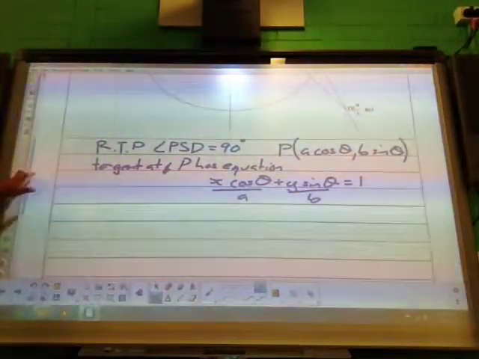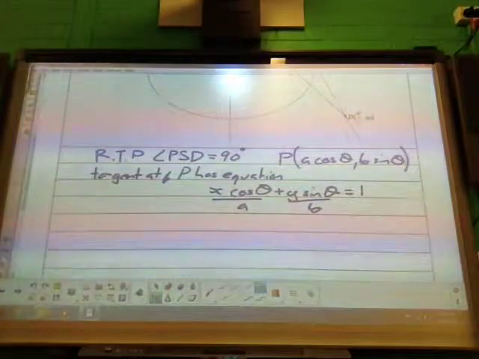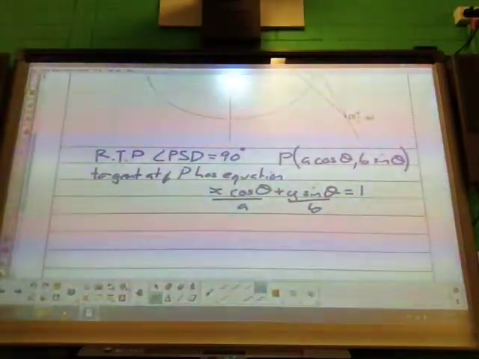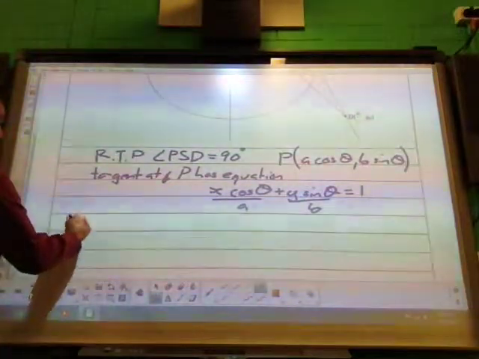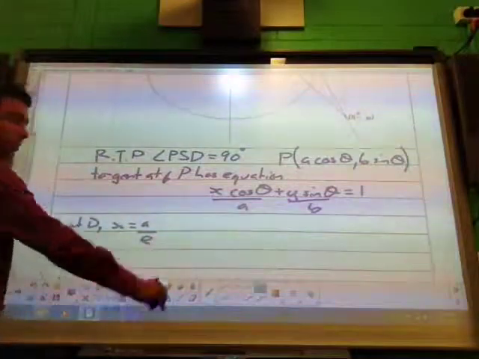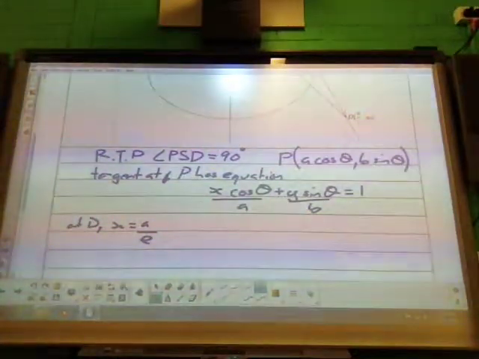Alright, so taking the point D, I know the x value is a over e. Okay, so I'm doing a similar sort of setup so far. So I know at D, x is a over e, because it's a point on the directrix.